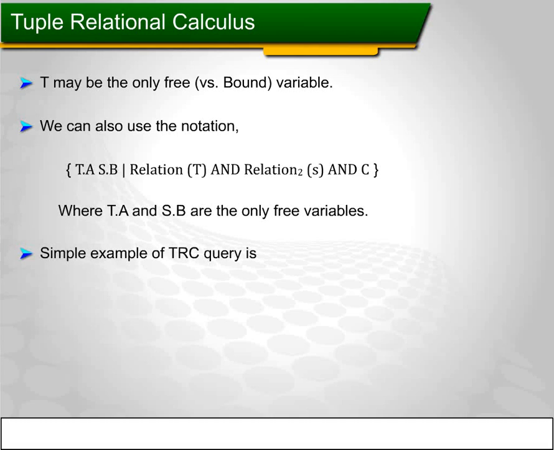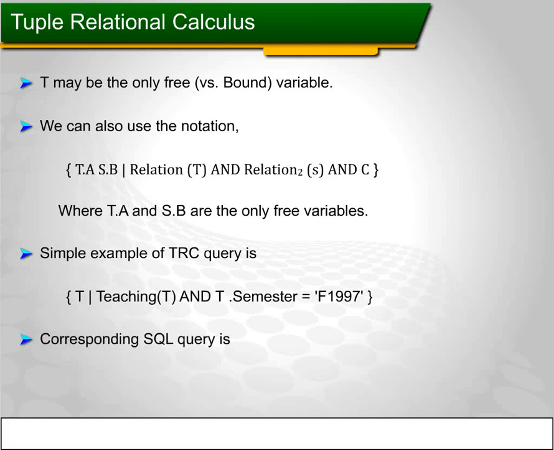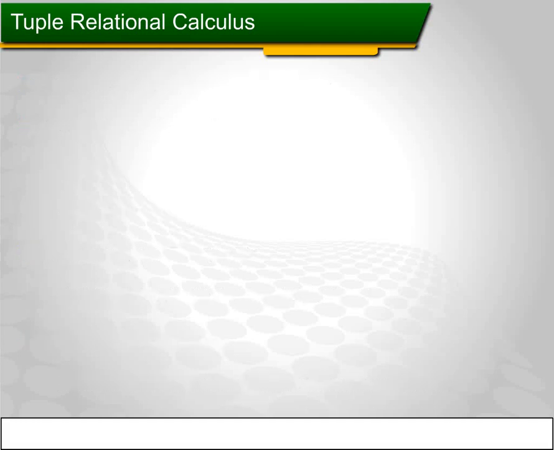A simple example of a TRC query is {T | T in teaching and T.semester = F1997}. The corresponding SQL query is select all from teaching where T.semester equals F1997.